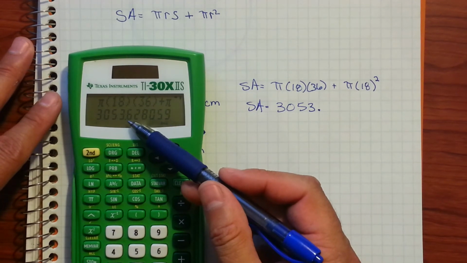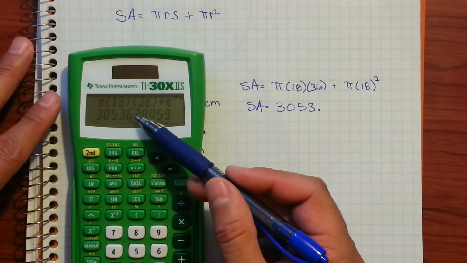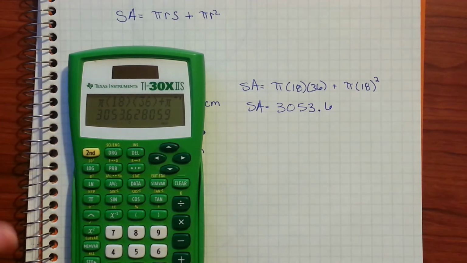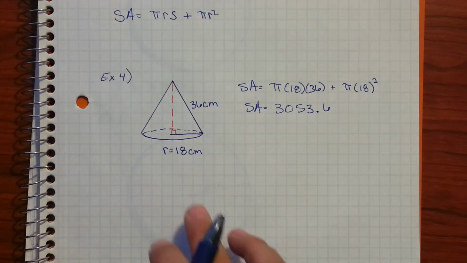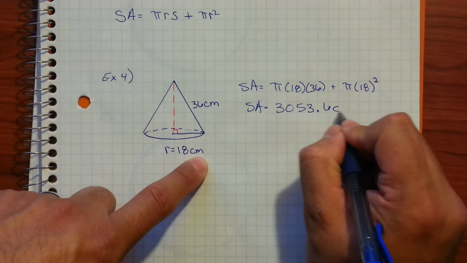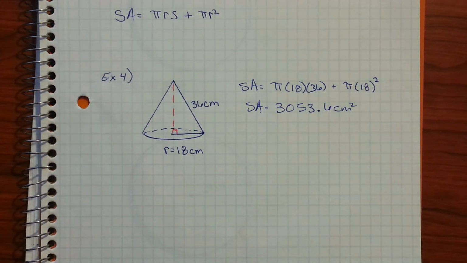Now right here I'm looking at the 6. The 2 does not make the 6 go up, so it drops off, so my answer is just going to be 0.6. Now let's see my units. These are all centimeters here. So if it's centimeters, it's going to be centimeters squared because area is always square.